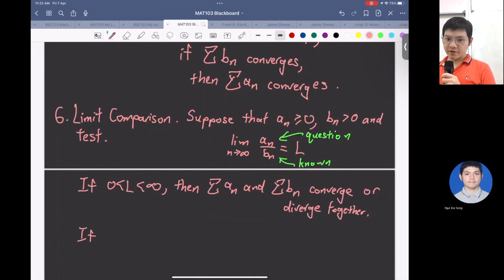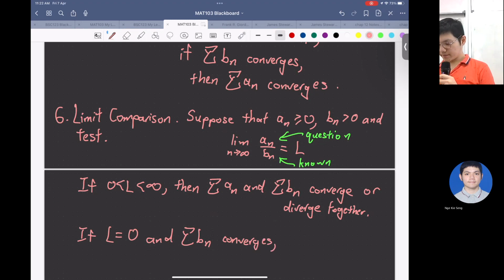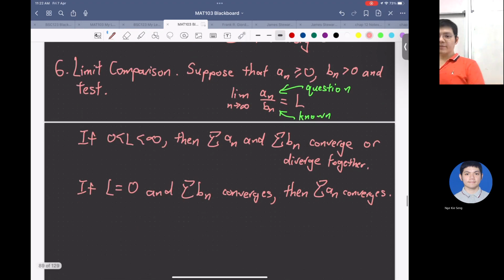If you find that L is 0 and the series of Bn converges, then the sum of An also converges. Last time we also didn't prove this, so maybe it's worth proving.